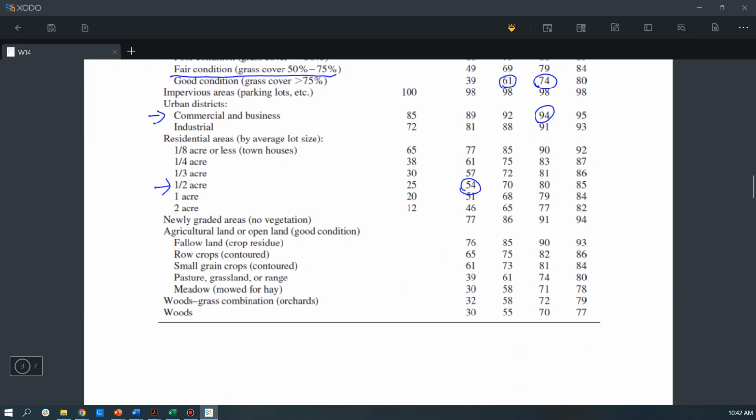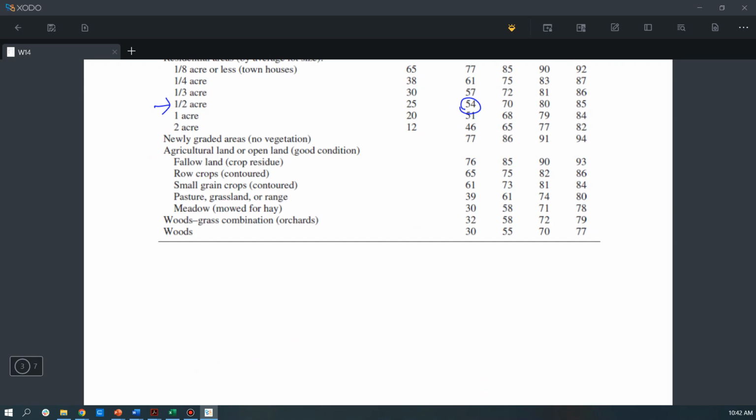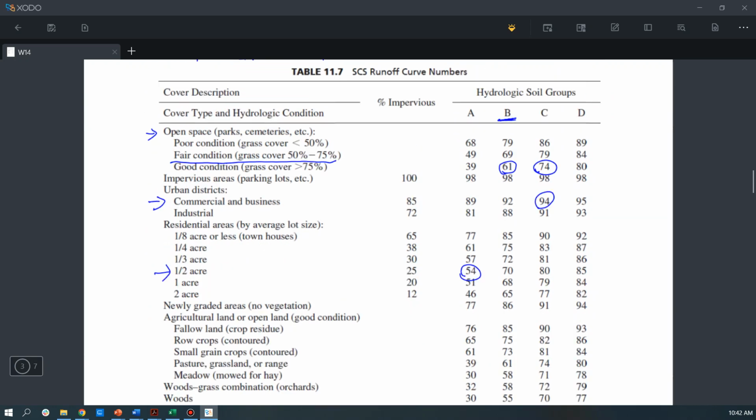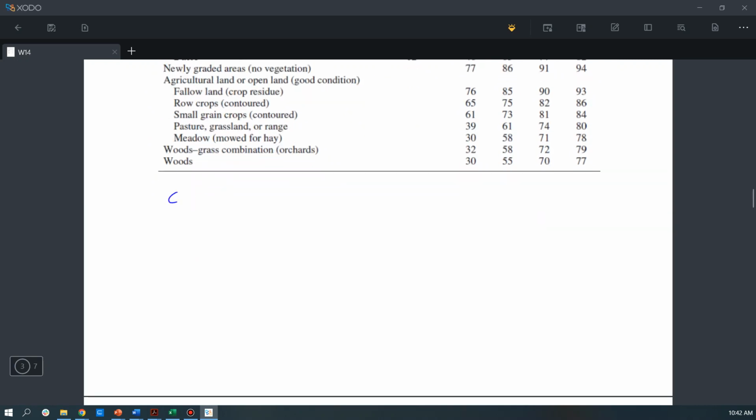Okay, then I will just use those values to write the area weighted CN number equation for you. You just need to times the corresponding area, then you can do that, and I will leave that to you. The CN value will be 8 times 61 plus 12 times 74 plus 30 times 94 plus 50 times 54.